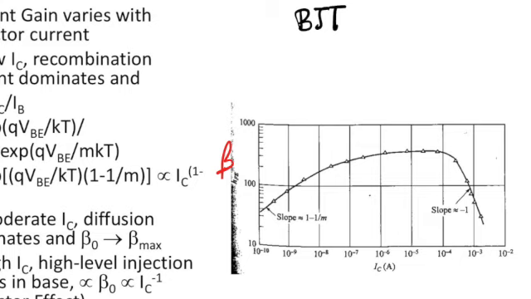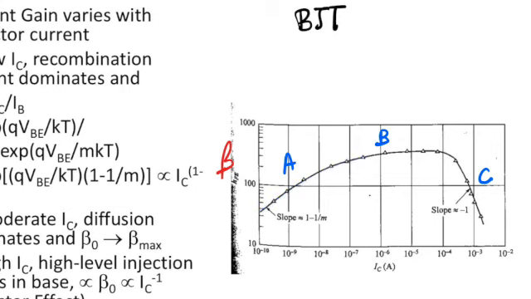You can see region A, region B, and region C. In region A, it occurs at low collector current. At low collector current, you can see as if the beta is increasing with increasing collector current.